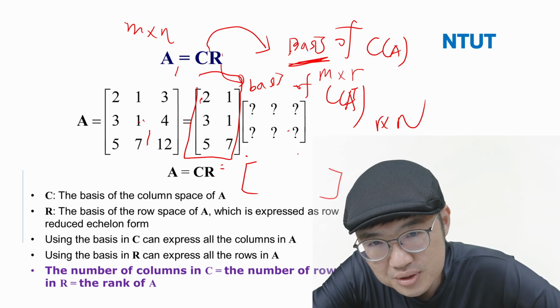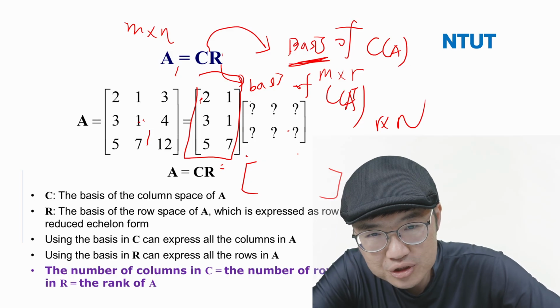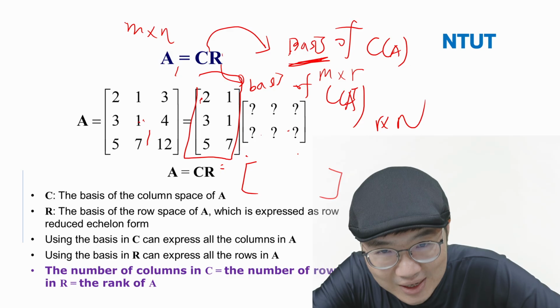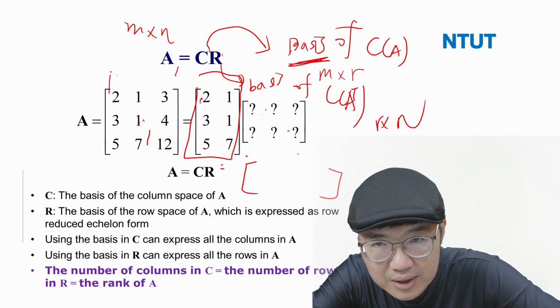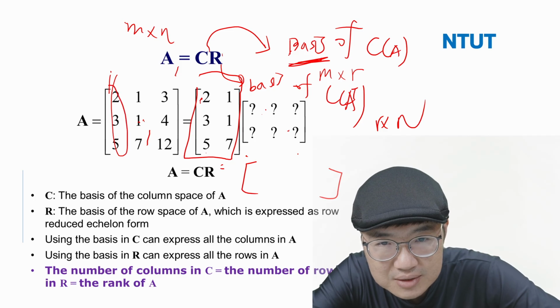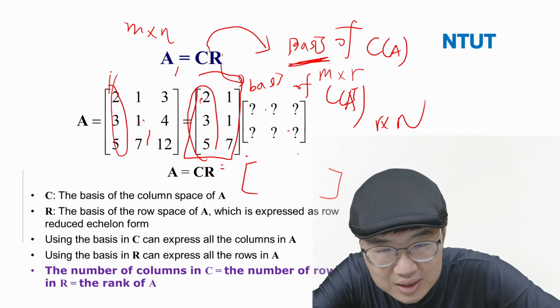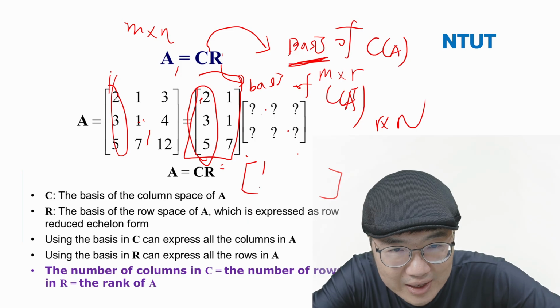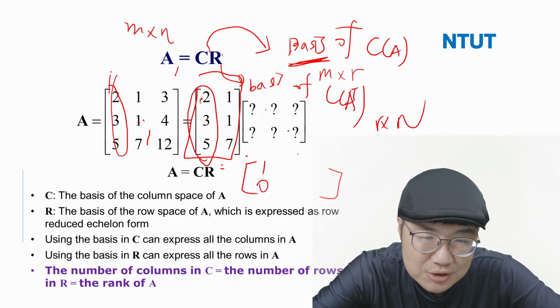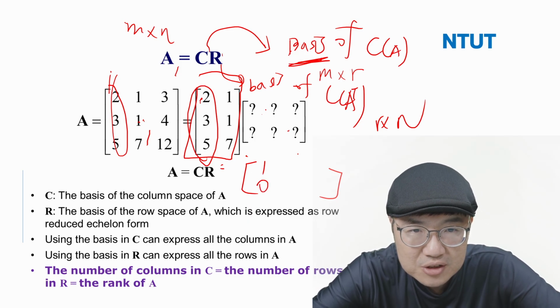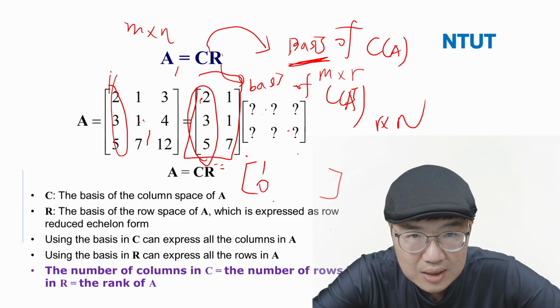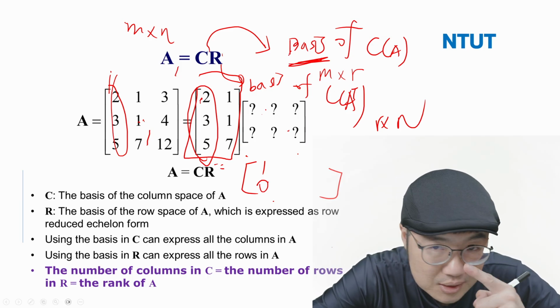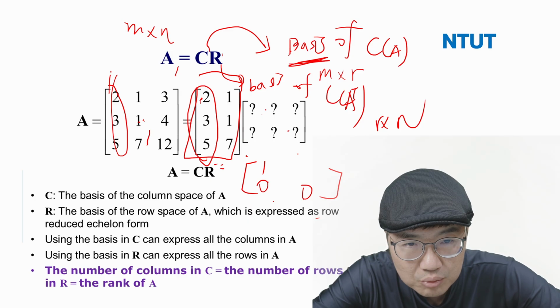If we use linear combination of columns, then the first column in A is the same as only this column. So I have to choose (1, 0) for the first column, so that 1 times the first column plus 0 times the second column gives (2, 3, 5). Similarly, for the second question mark, (0, 1).